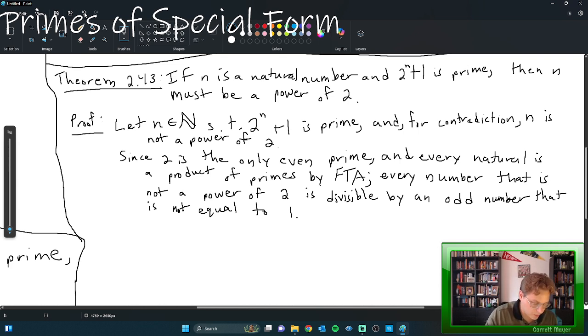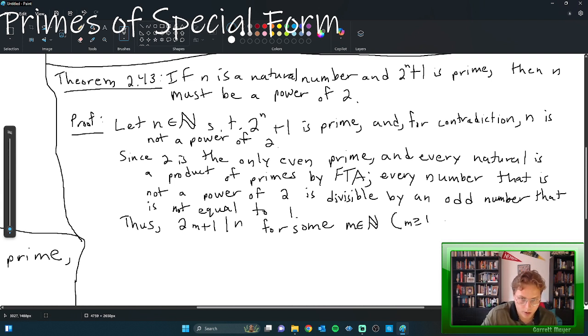So as a result of this, thus 2 to the m plus 1 divides n for some natural m where m is greater than or equal to 1, so that 2 to the m plus 1 is greater than or equal to 3.